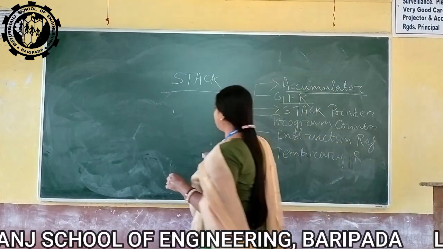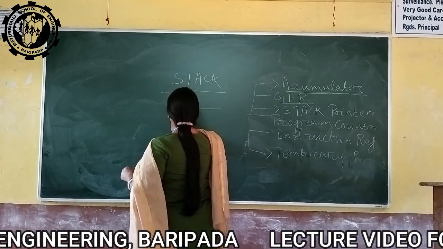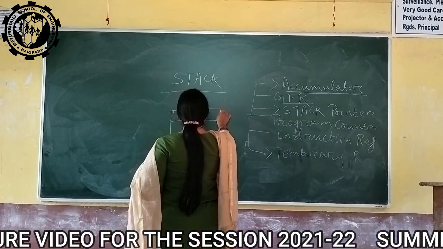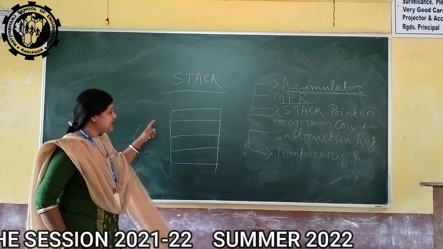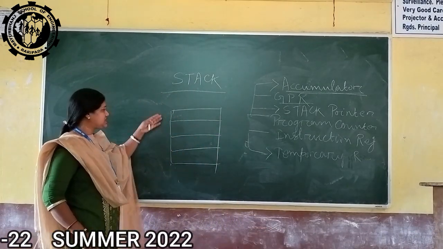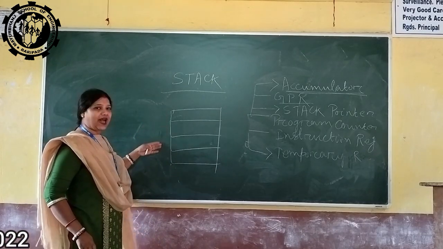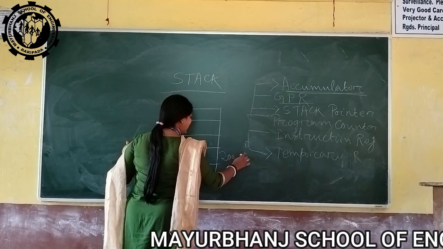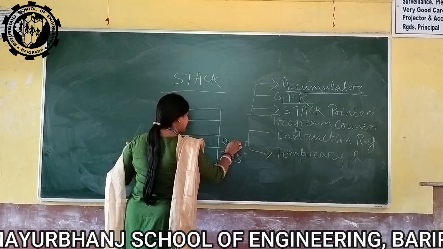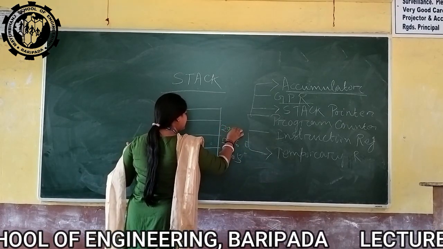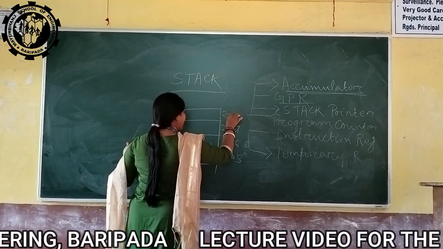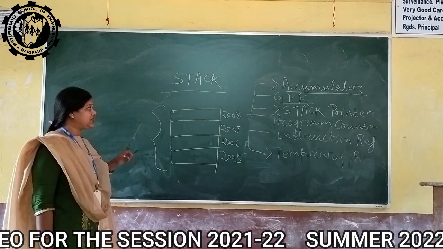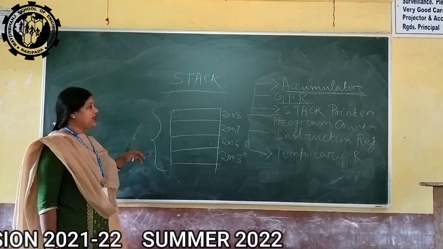That means when the memory registers are arranged sequentially, it is called stack. These are memory locations arranged sequentially, like 2005, 2006, 2007 and 2008. So the whole set of memory registers is known as stack.